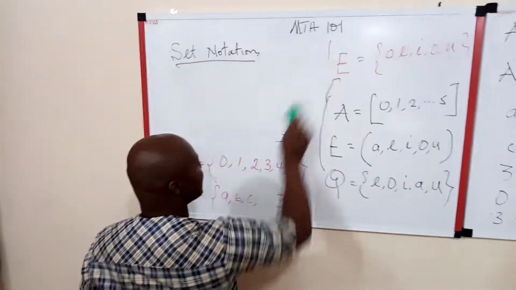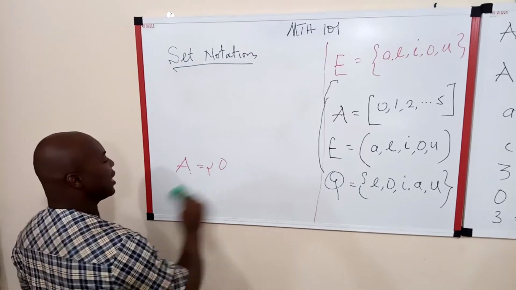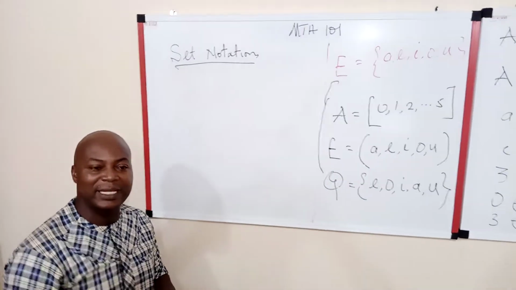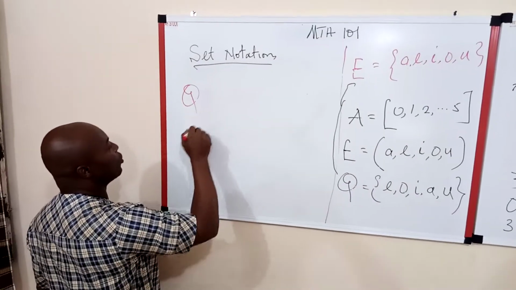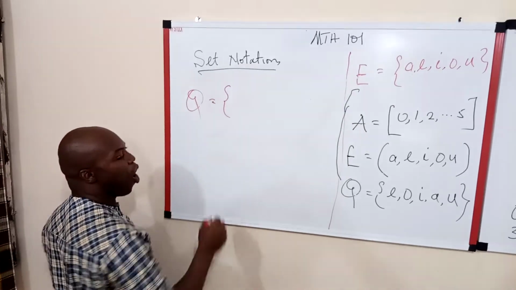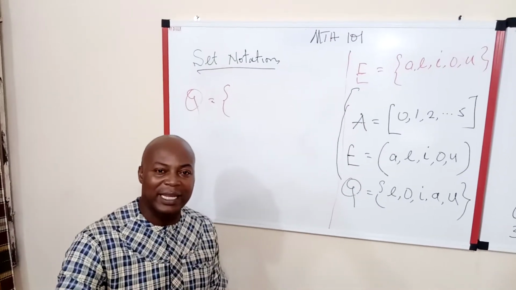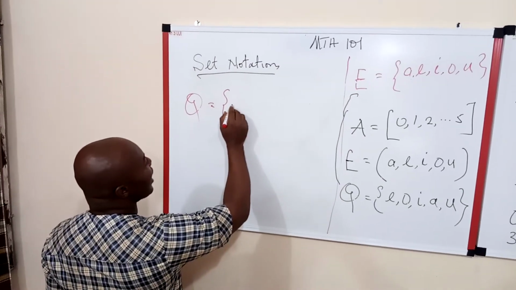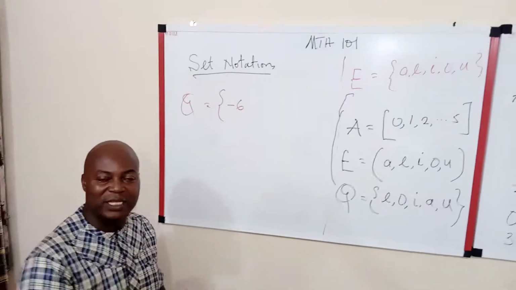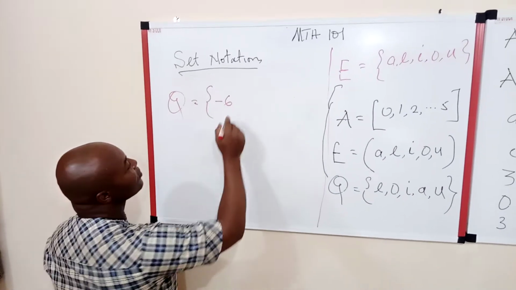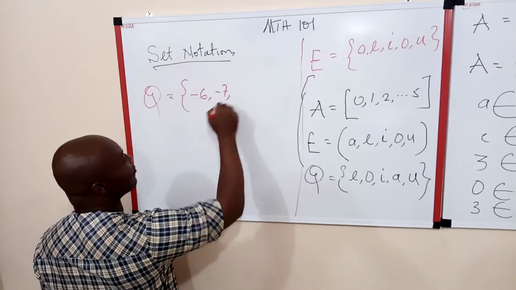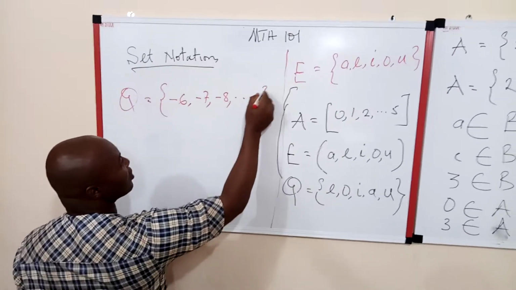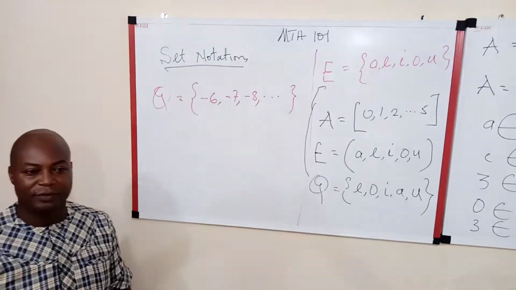So if that is true, we have negative 6, negative 6 is less than 5. We have negative 7, negative 8, and so on to negative infinity.